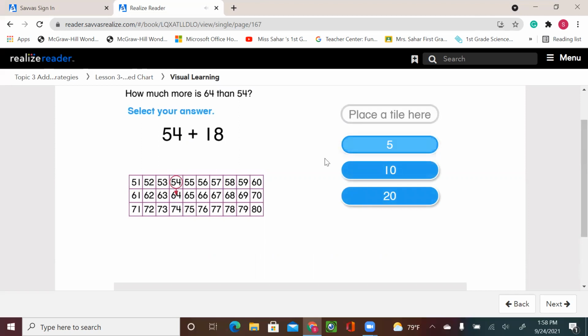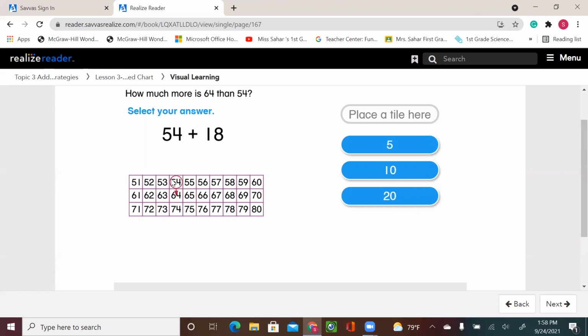All right. Before we answer this, let's just refresh our memories with what we have here. 54 and 18. These are two-digit numbers, so we have tens and we have ones. The tens for the first addend is 5, which is 5 tens, 50, and the ones is 4. For the second addend, we have 18, so the tens is 10 and the ones is 8.